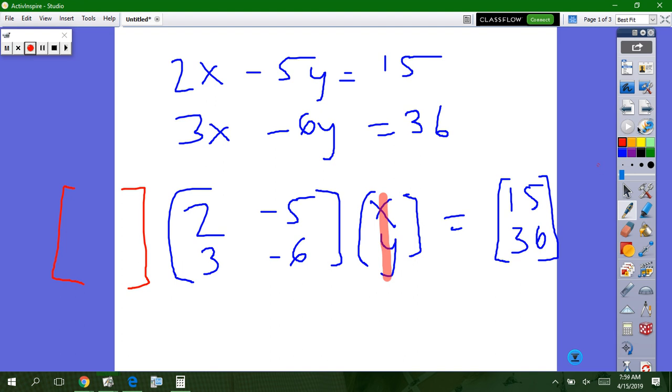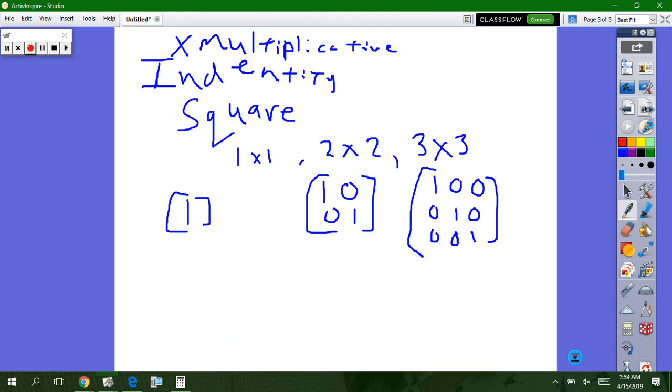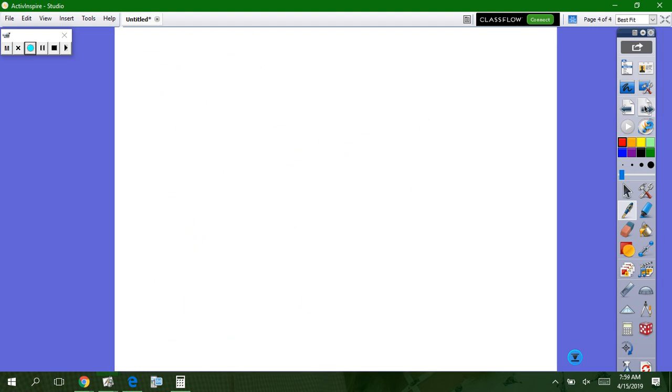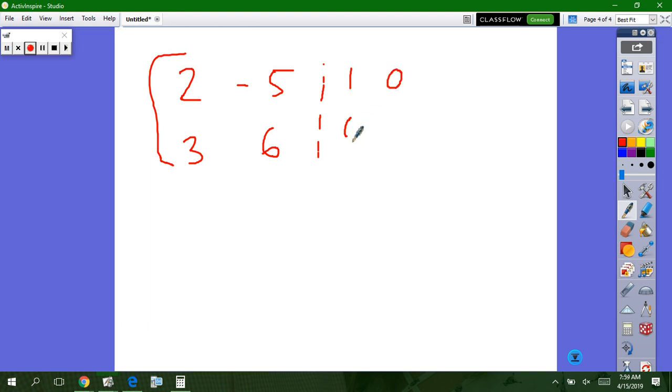Okay, so I'm going to show you 2 ways. For a 2 by 2, there's a really simple way, but on a 3 by 3, there is not. So I'm going to show you just how we would do that. Once again, my matrix that I had there was 2, negative 5, 3, negative 6. And what I do is I attach it to my identity matrix.